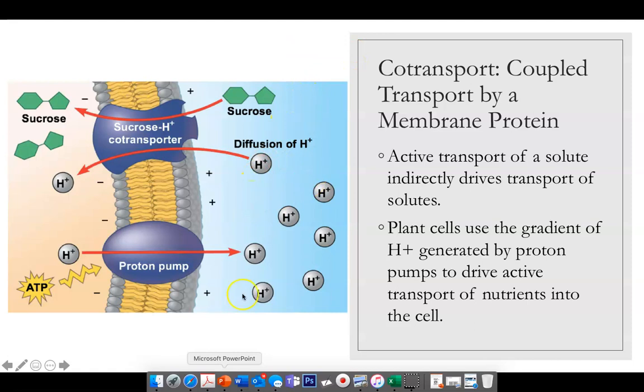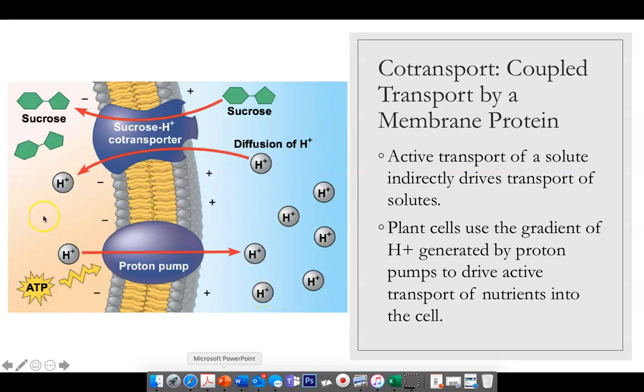So without a high concentration of protons being outside of the cell, sucrose will not be able to get into the cell. So the proton pump's job is to keep the hydrogen ion concentration high outside of the cell to keep the gradient from reaching dynamic equilibrium.